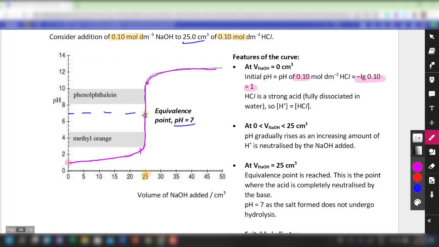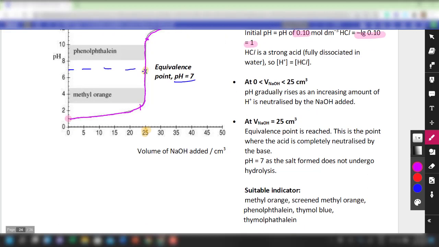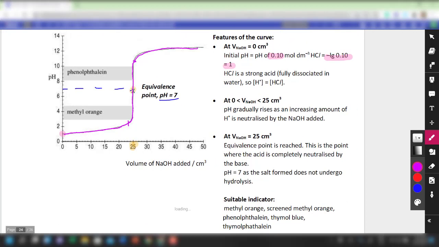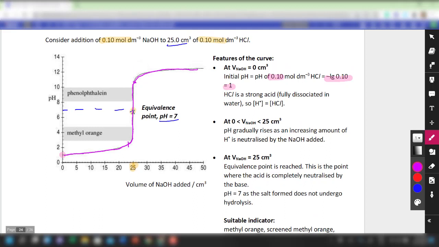Even if you continue adding OH-, the pH will not change drastically. Again, for a very simple reason: now the pH is simply dependent on the excess amount of OH- in the system.